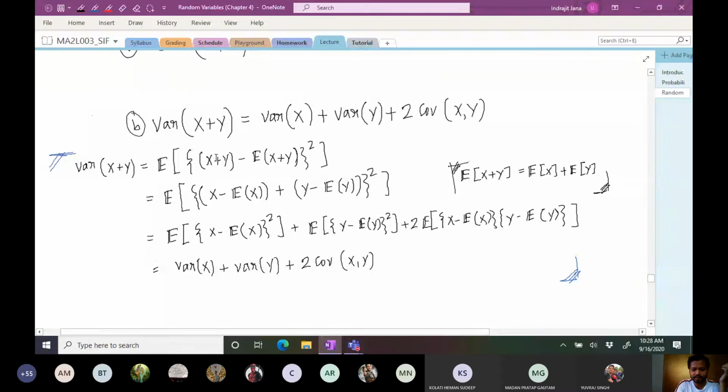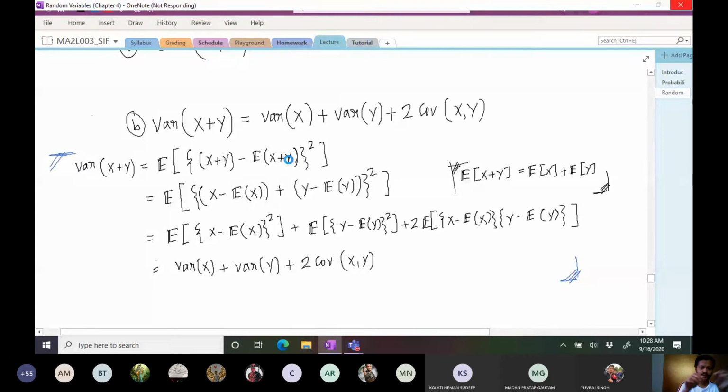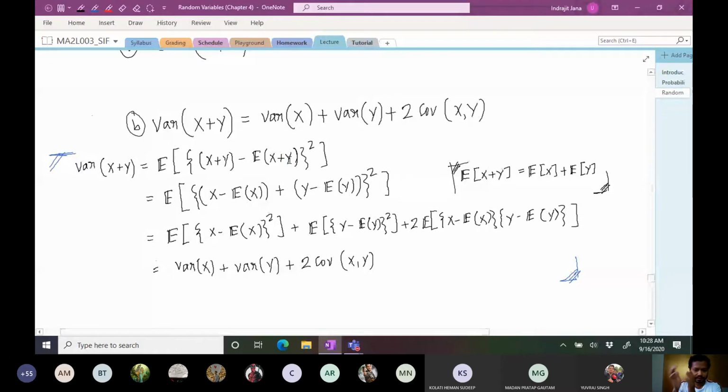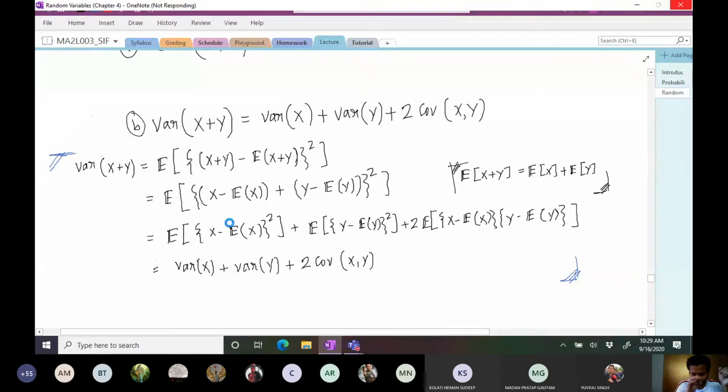Okay, very simple algebra here. x plus y minus expectation x plus expectation y. So you can put x and x together, x minus expectation x plus y minus expectation y. Take the whole square and then you expand by binomial expansion. Again, very basic high school mathematics here. So the first terms become (x minus expectation x) whole square plus (y minus expectation y) whole square plus 2ab, right?